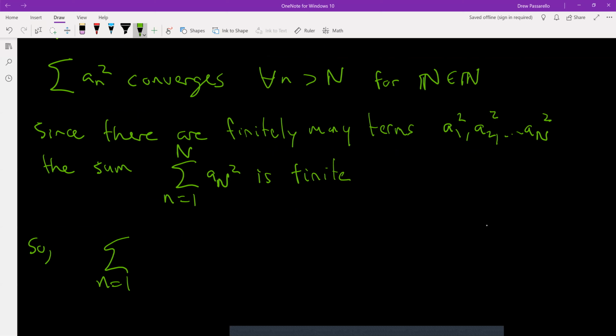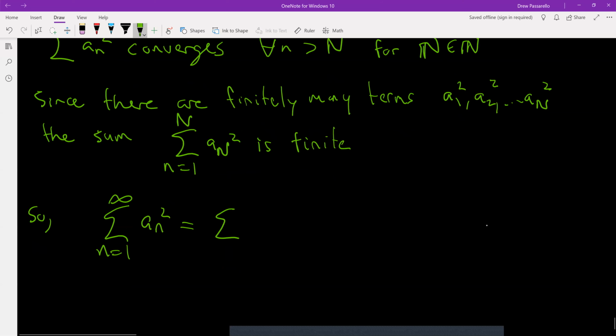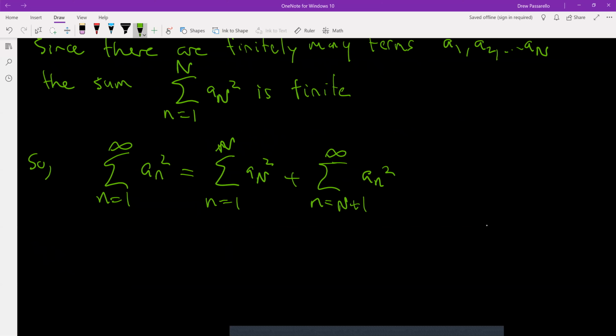All right, so the series from n equals 1 to infinity of a_n squared equals the sum from n equals 1 to capital N of a_n squared plus the sum from n equals N plus 1 to infinity of a_n squared. So this is finite.